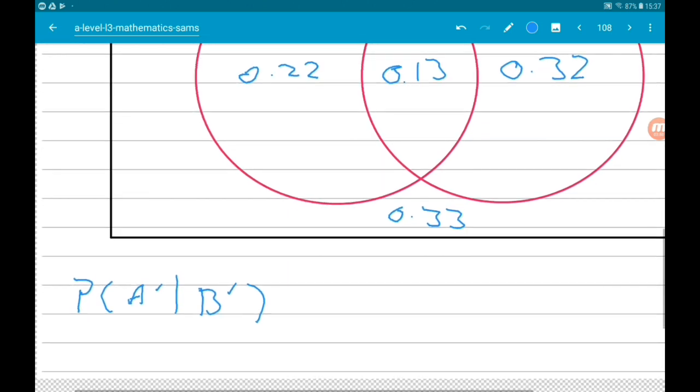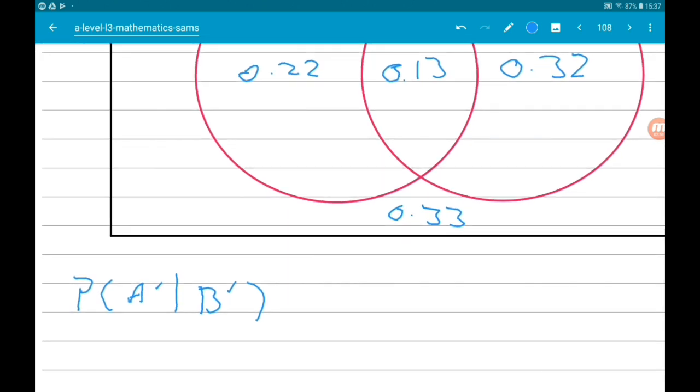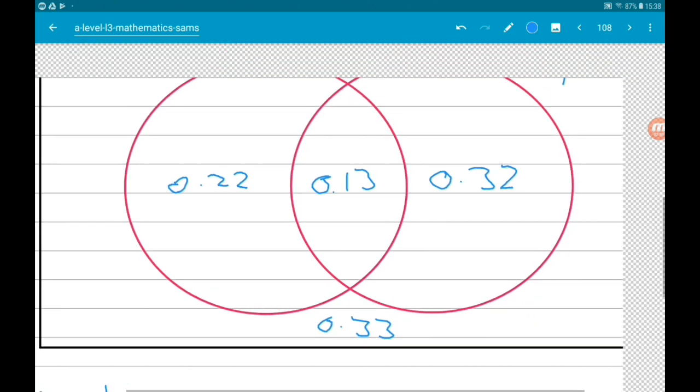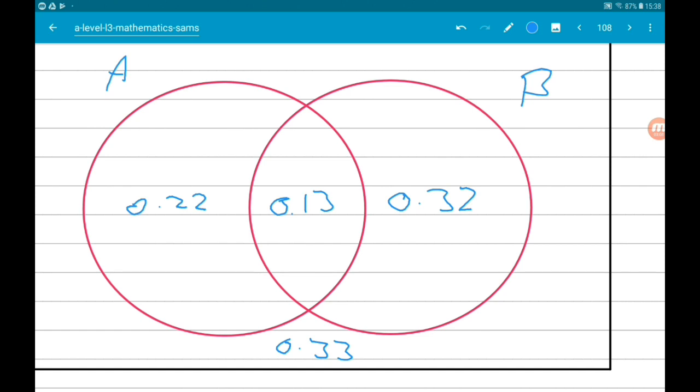So we're going to have something over 1 minus the probability of B, which is 0.45, so the probability of not B is 0.55.